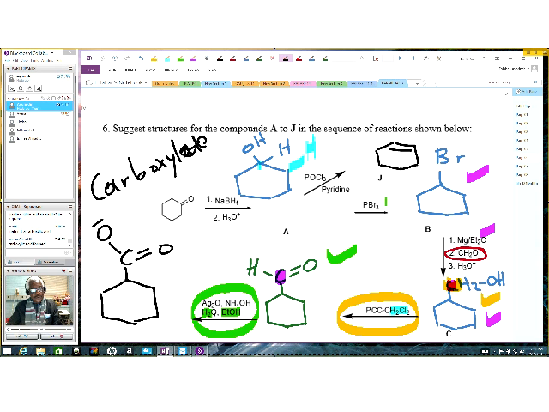But if you simply write the structure of the carboxylic acid, that is fine also. More specifically, you are going to form a carboxylate ion, and that is what this reagent will do. So you need to know what these reagents do.